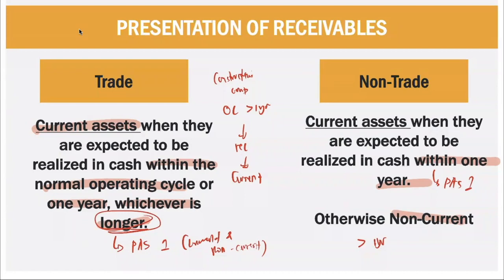And how do we present them? Trade always current, and take note whichever is longer under your normal operating cycle or 1 year. In your non-trade, it will be current if it is within 1 year. Otherwise, if it's more than 1 year, non-current.